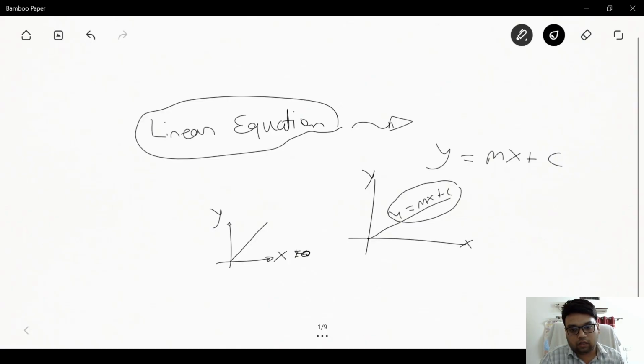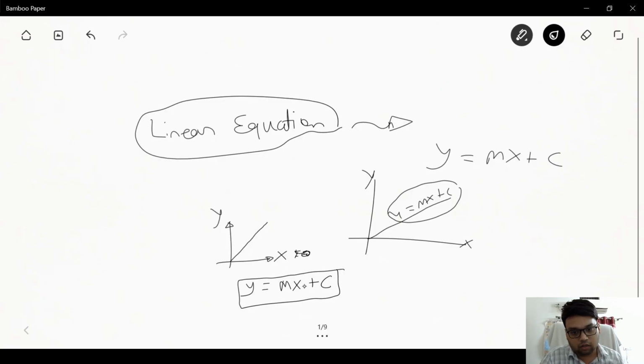This is the x and this is the y. The line goes at an angle from x. The equation of this line is y equals mx plus c, where c is nothing but a constant. So this is called the linear equation.